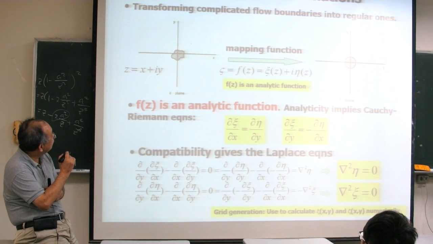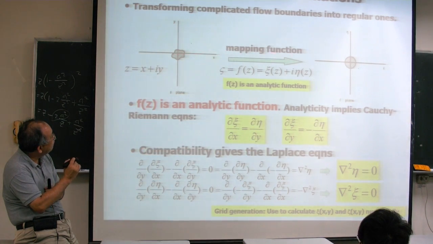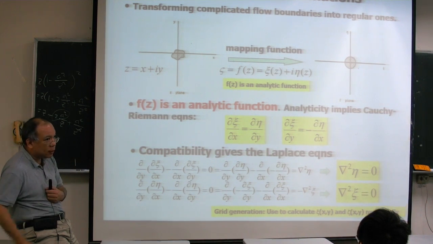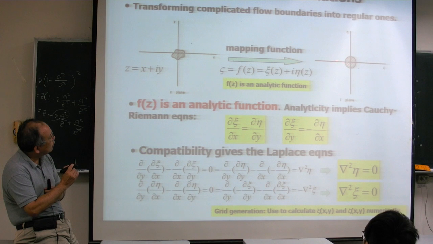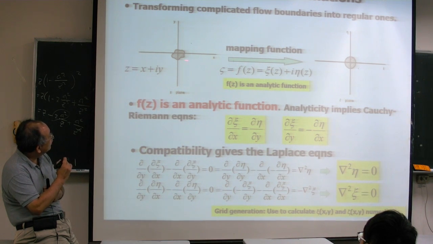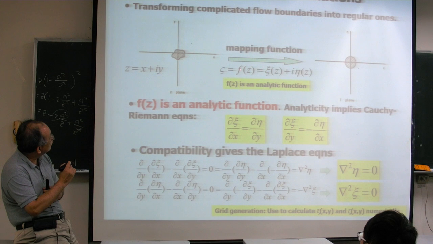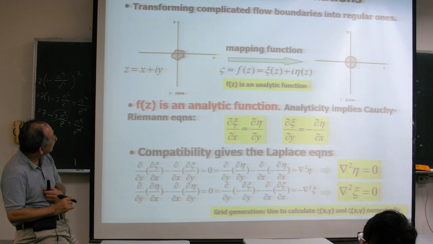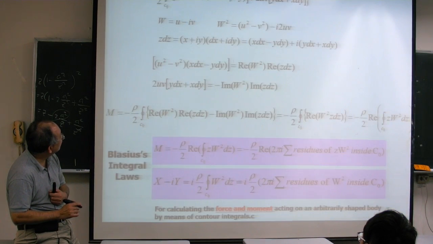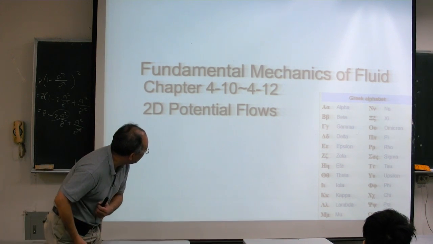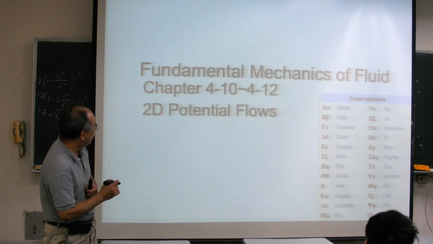So any arbitrary object, through the mapping function, you can map into one simple object, for example a cylinder. There is a so-called mapping function between this object and this object, through this mapping function f(z). So this is one of the coordinates, the z coordinate, and here we go to another coordinate, and let me check, I always have difficulty with this, let me check how to pronounce this correctly.